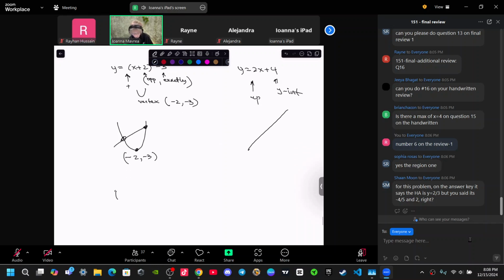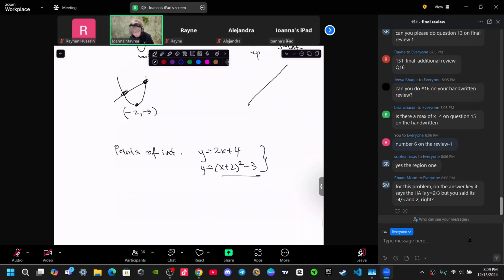So points of intersection. We're setting y equal the line to y equal the parabola. So the y's are equal where they intersect, right? So I'm going to set the y's equal to each other. Please write nicely on the exam, not this handwriting, better.